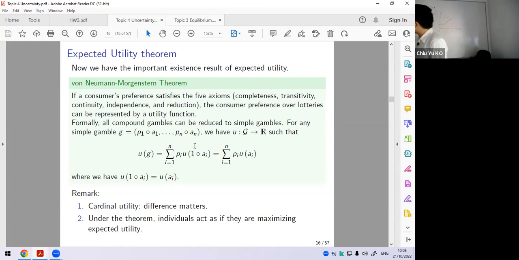So what we are trying to do is to give you axioms. What axiom would lead to this outcome? How would people think to lead to this one? The reason we do this is that all other models do the same thing. You start with different axioms, you get a different function. That's why we have to learn how we arrive at the basic one. And when you read other papers, you will see how the logic goes.